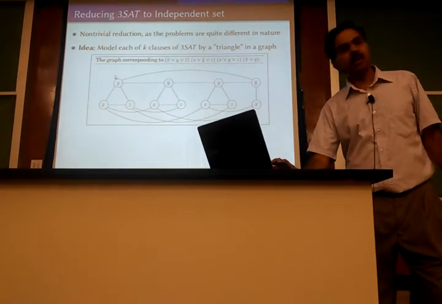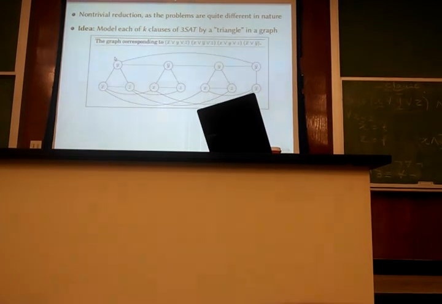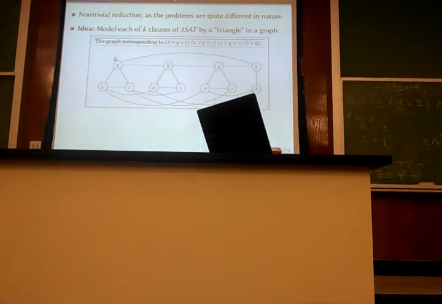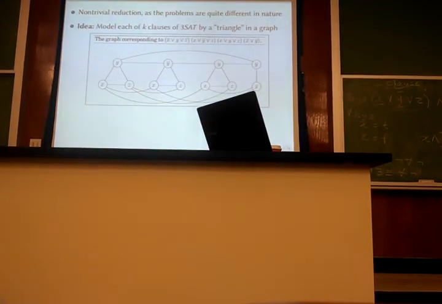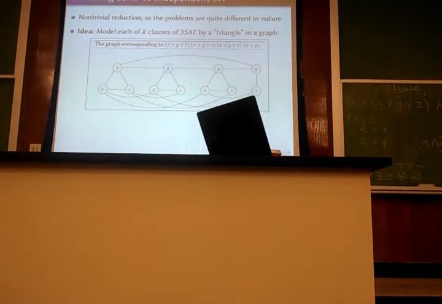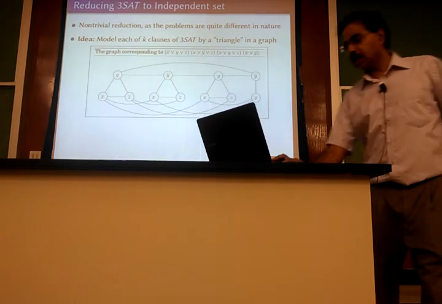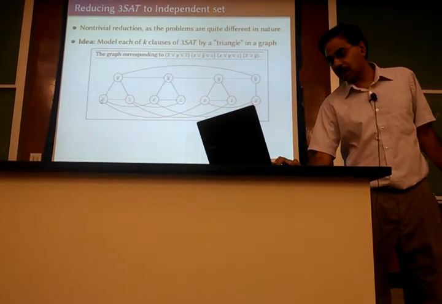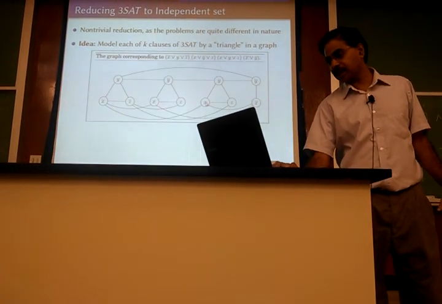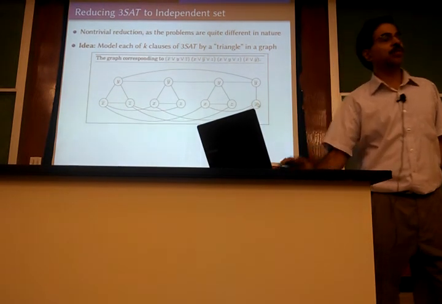Now the catch, of course, is that in the SAT problem we have this notion that if x is true, x bar is false. Here in the graph, you notice that x bar is here, x is here, and then x occurs again, x bar occurs once more.